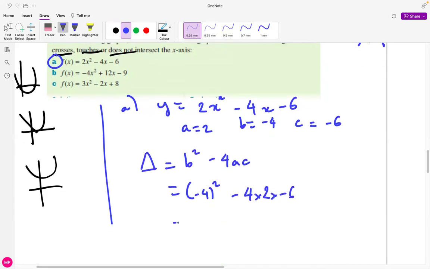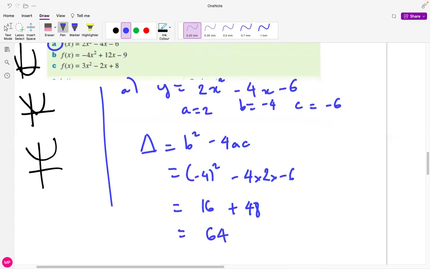Negative 4 squared is 16, minus, 4 times 2 is 8, 8 times negative 6 is negative 48, and minus a negative gives you positive. So 16 plus 48 is 64.